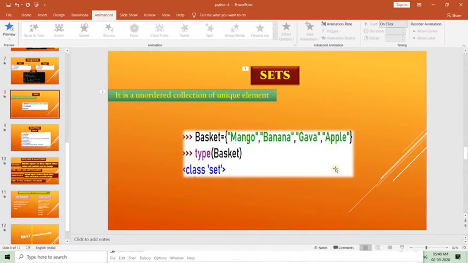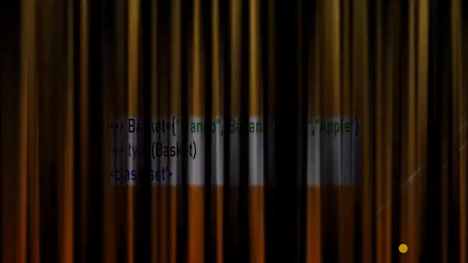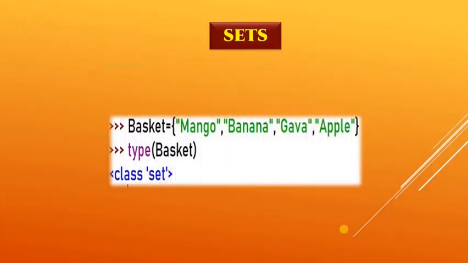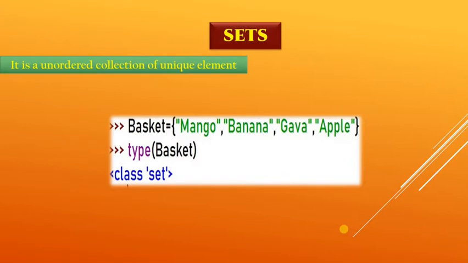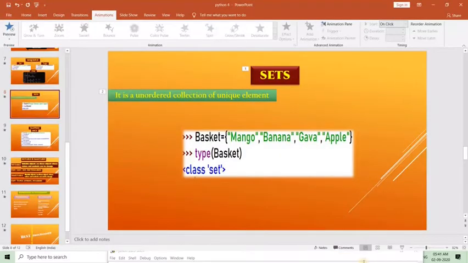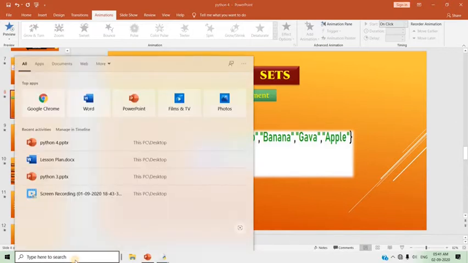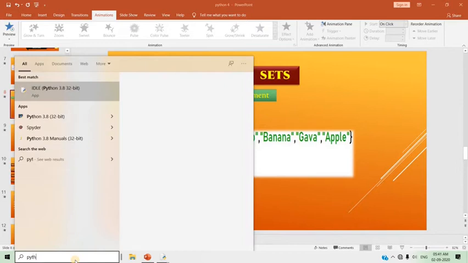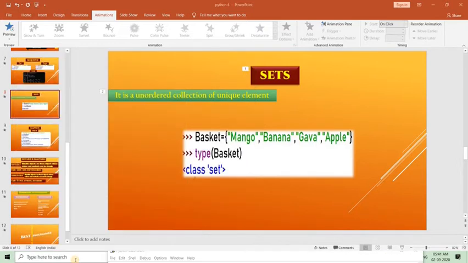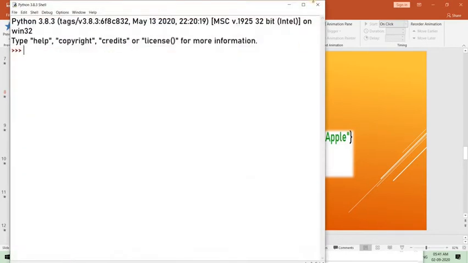Now we can come to sets. Sets are an unordered collection of unique elements, right? You can see here brackets, the same brackets we can use for the dictionary, right? See, now let me explain it with the help of a practical. I guess that you are learning, everyone.